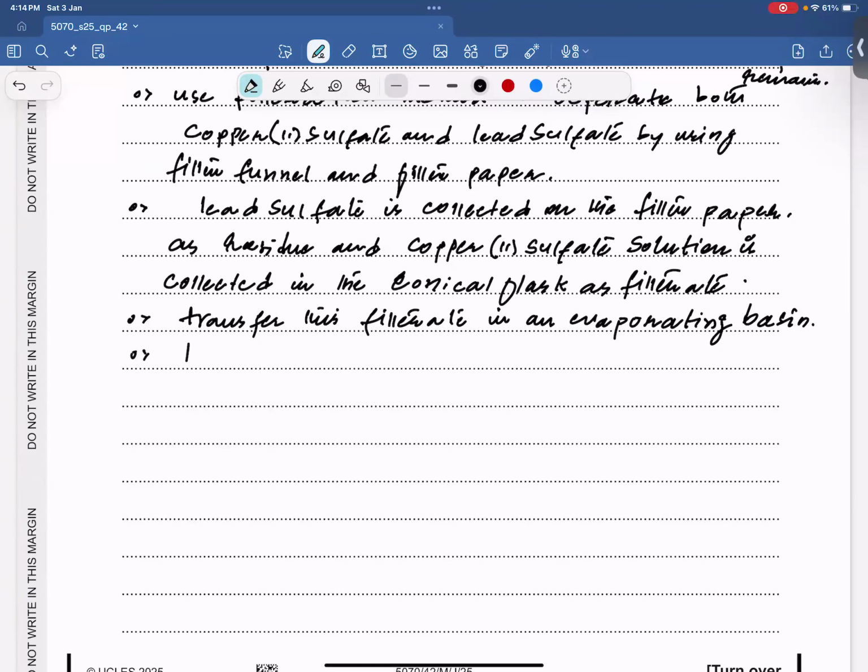Heat the filtrate by removing water to make a saturated solution.